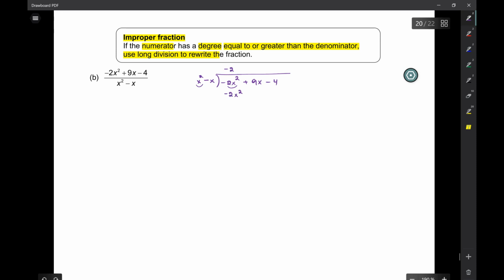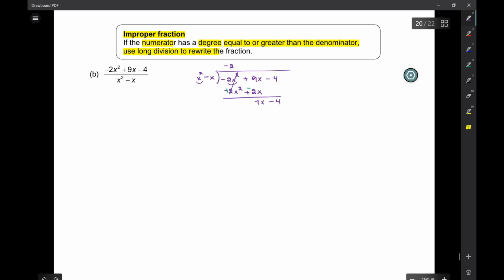Negative 2x squared plus 2x. And remember, I change the signs and I add. That's the same as subtracting. 7x minus 4. Now, look at this remainder here. I have 7x. That has a lower exponent than the divisor. I stop right there.